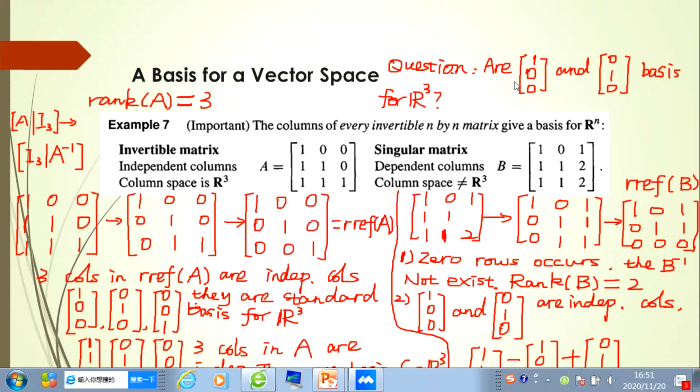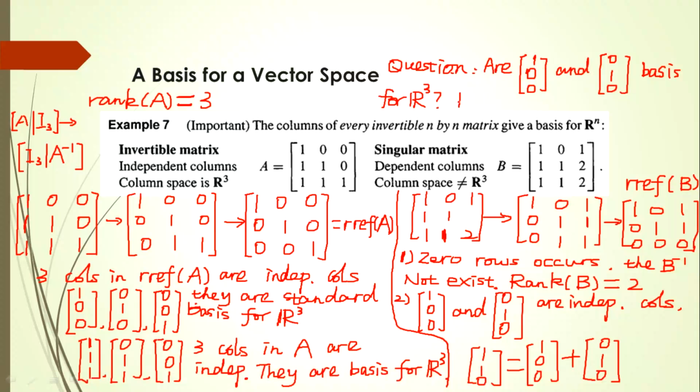So what is a basis? First, the vectors should be independent of each other. Yes, it satisfies this condition, but can they span R3? Can those two independent vectors 1, 0, 0 and 0, 1, 0 span R3? The answer is no, right?